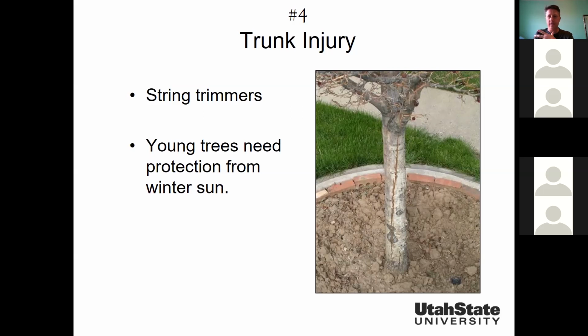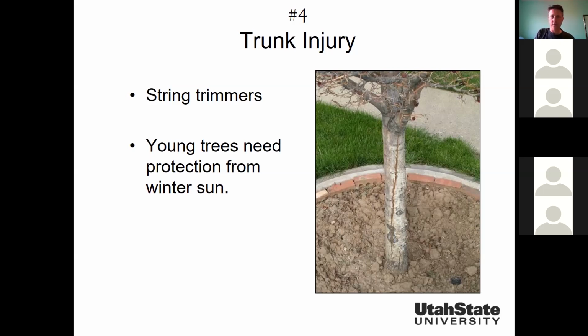Sap starts to flow, then temperatures quickly return to freezing, like at nighttime or in another cold weather event, and it kills the cambium under that side of the tree. And then as the living part of the tree on the north side starts to grow, it creates a separation line between the dead tissue and the living tissue.